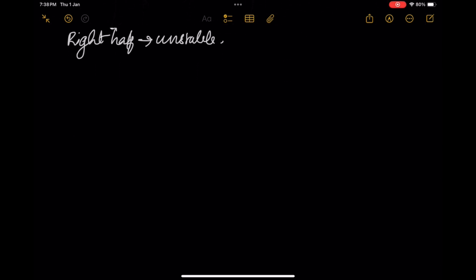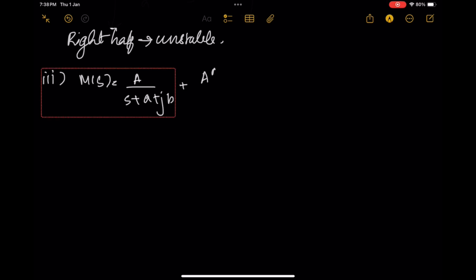So I am moving to the next equation, that is m of s is equal to a by s plus a plus jb, plus a conjugate by s plus a minus jb.